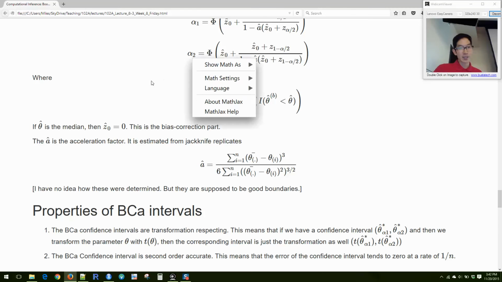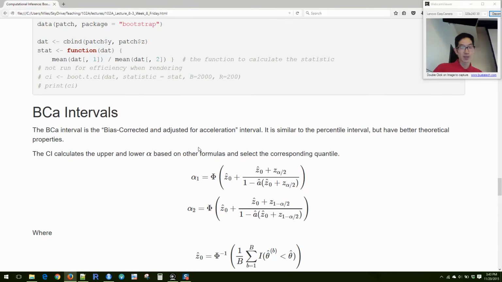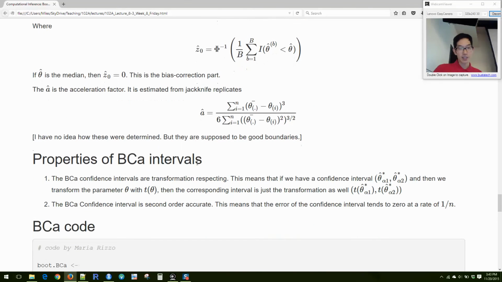The nice properties of this bias corrected or adjusted percentile interval are that if you transform your statistic or the parameter, then the corresponding interval is just the transformation of your bounds. So you find the bounds according to this, and you transform them, and you get the correct bounds as well.